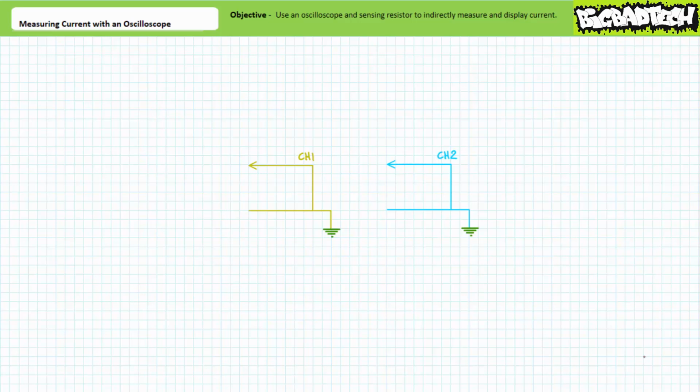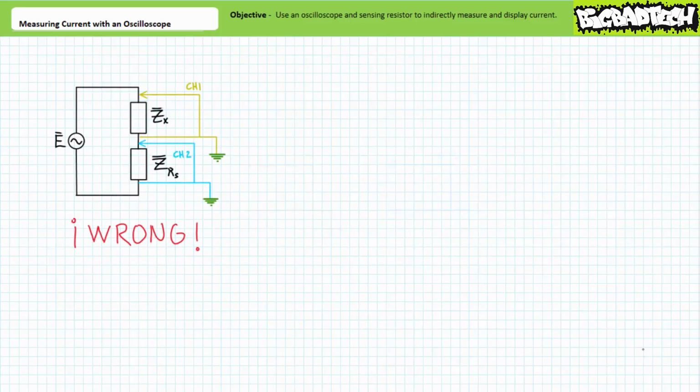We'll examine implications of this in greater detail in later lectures on series AC circuits. However, as a primer on this subject, consider the wrong way to employ a multi-channel oscilloscope in a series circuit consisting of our element of interest and the sensing resistor in series. This is the wrong way to measure voltage across two elements in a series circuit.